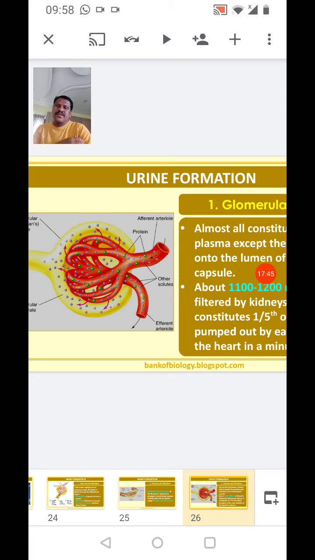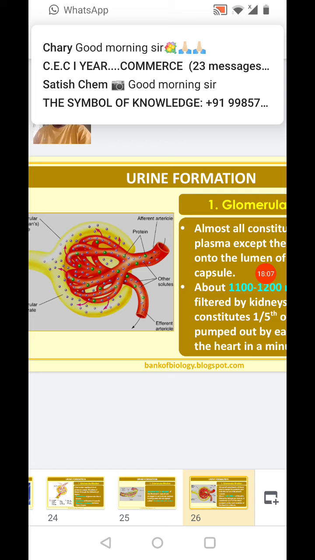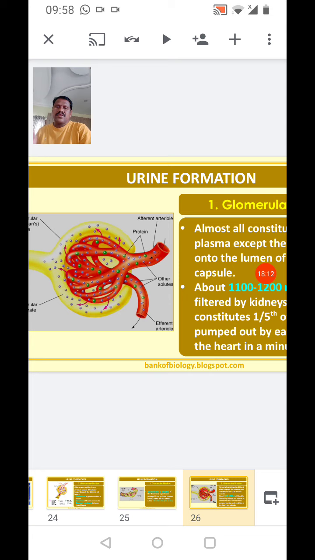High threshold substances are the substances very essential to our body, which are completely reabsorbed while passing through the renal tubule.